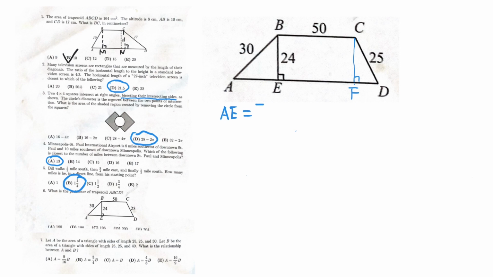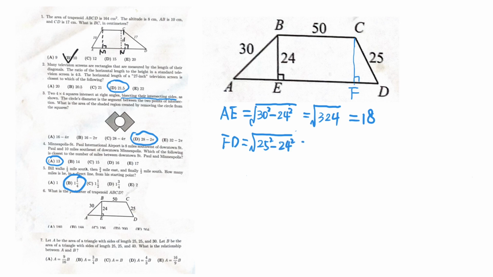AE equals the square root of 30 squared minus 24 squared. So 30 squared minus 24 squared, that's the square root of 324. That's 18. And also FD, still the Pythagorean theorem, equals the square root of 25 squared minus 24 squared. That's 49, so it equals 7.